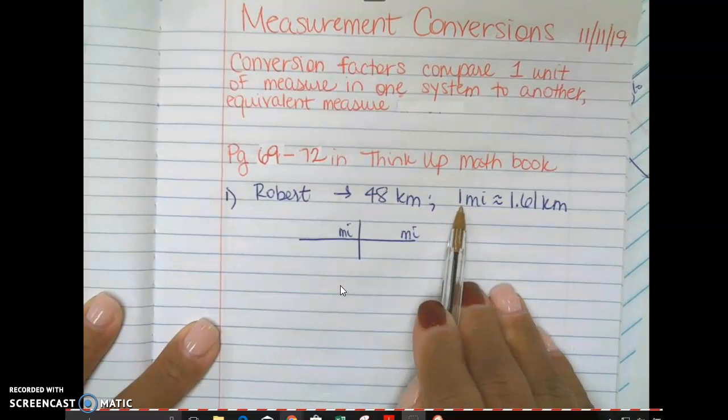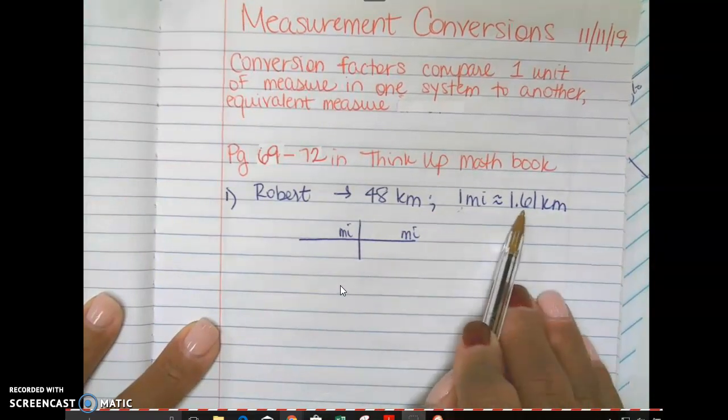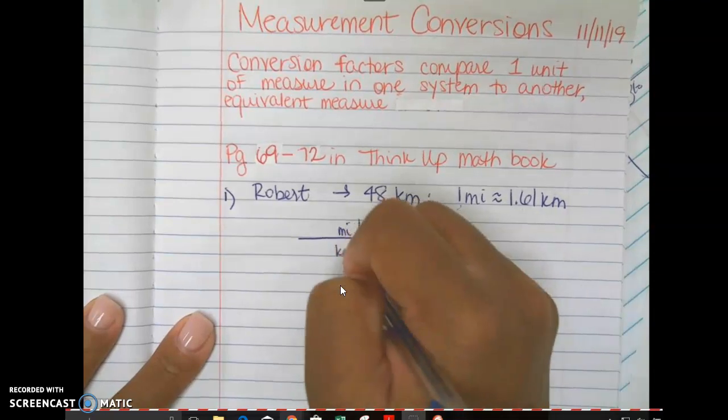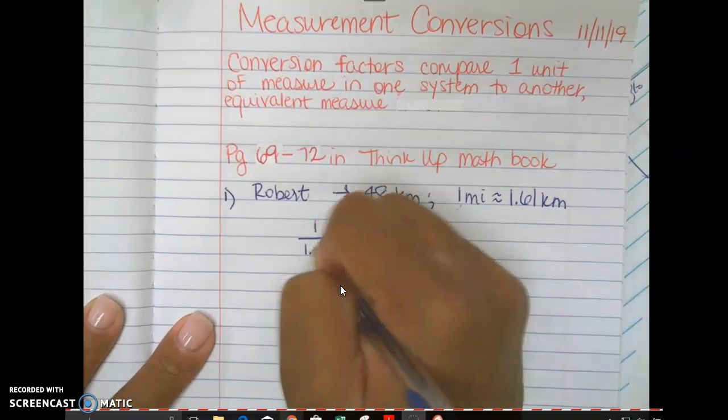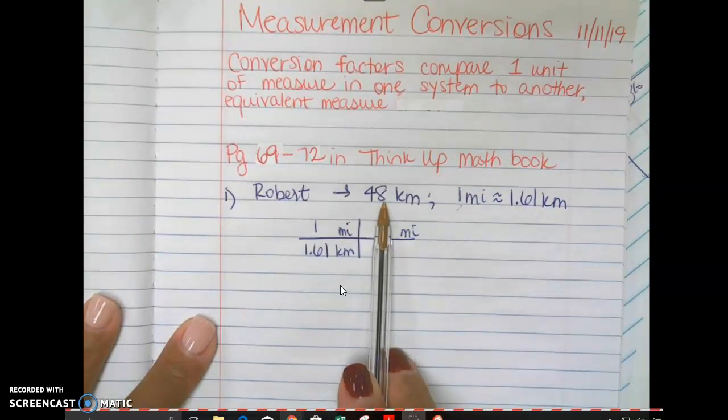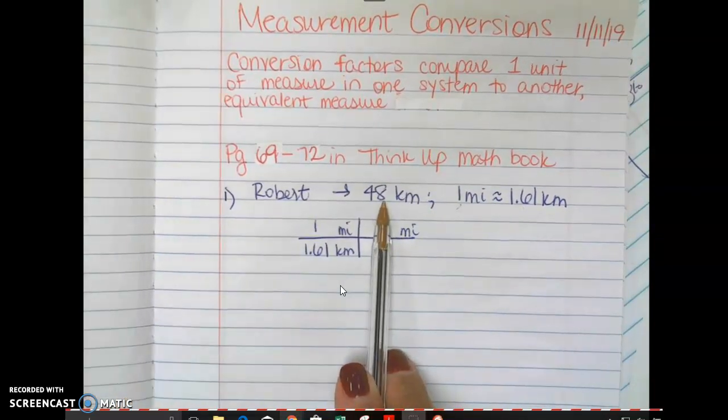What do we know? 1 mile is 1.61 kilometers. So down here, what do I have to have? I have to have kilometers. 1 and 1.61. Then what else do I know? I know about the 48 kilometers.